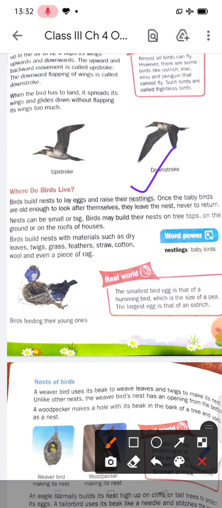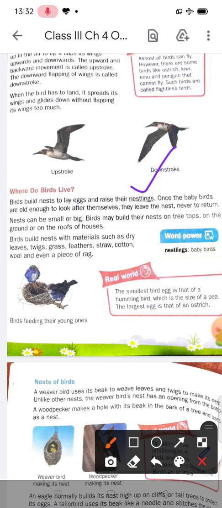And you know, the smallest bird is the hummingbird. Its egg is also the smallest. And you know the size of the hummingbird egg? A size of a pea.